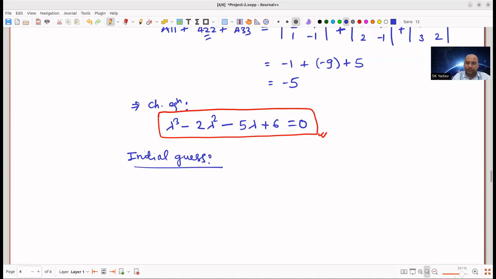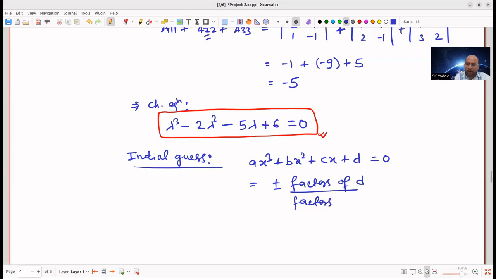For the standard ax cube plus bx square plus cx plus d equal to 0, the initial guess is equal to plus minus factors of d divided by factors of a. So here a is 1.